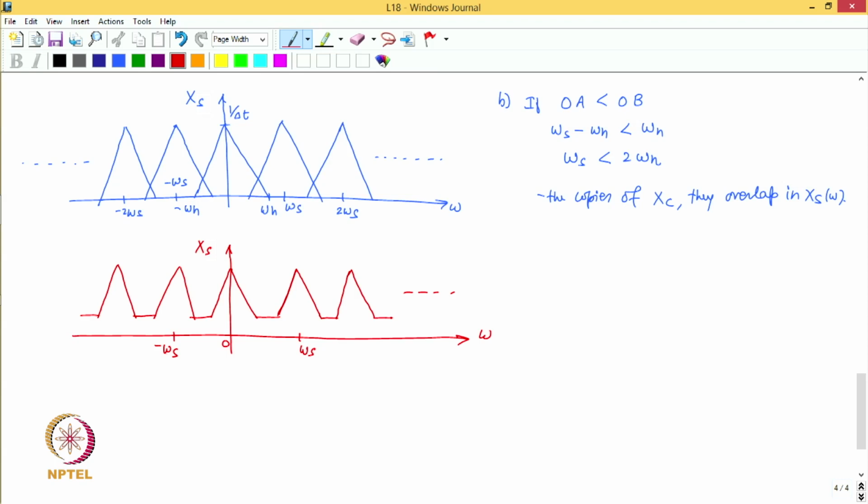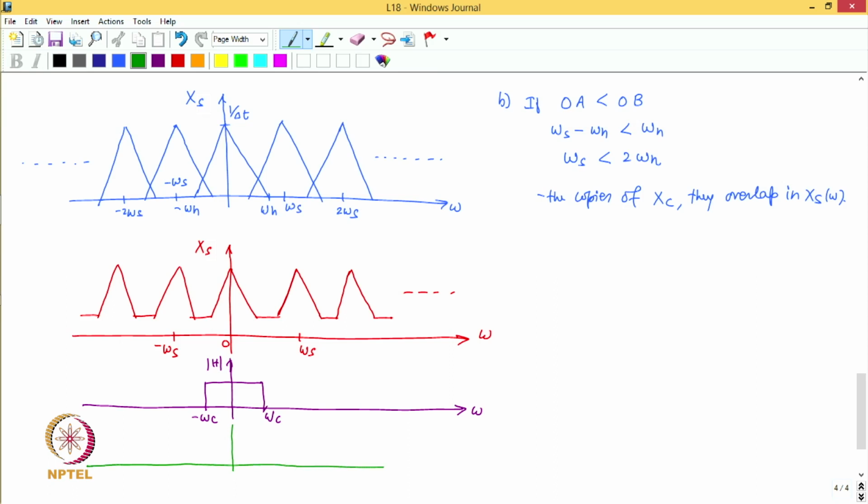So now if you try to use the low pass filter again here to retrieve the signal, let us again sketch the filter here as we used in the previous case. So this is the filter, and this is the cutoff frequency of the filter. So what kind of spectrum would be there for the filtered signal?